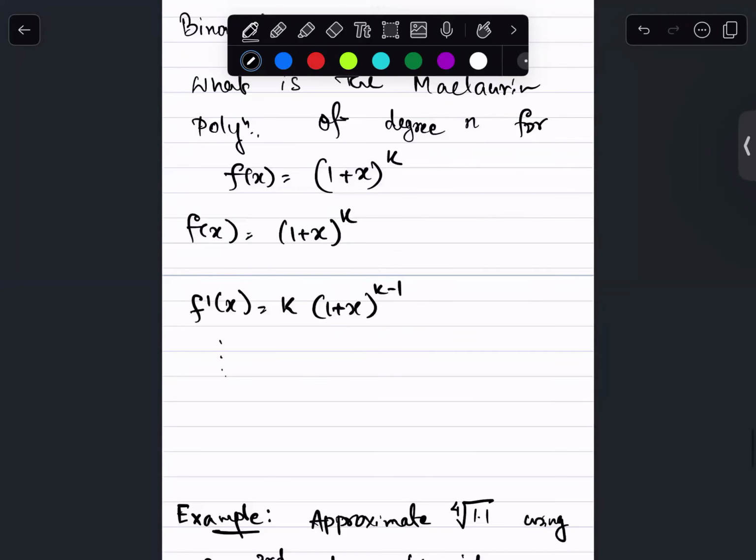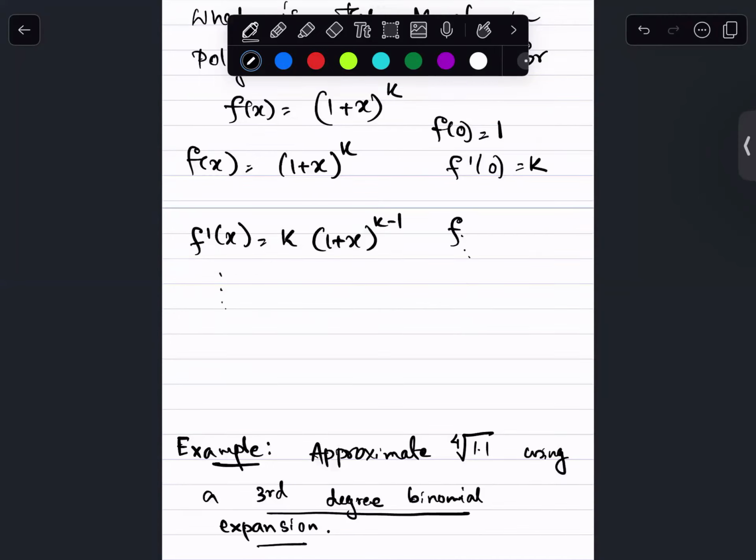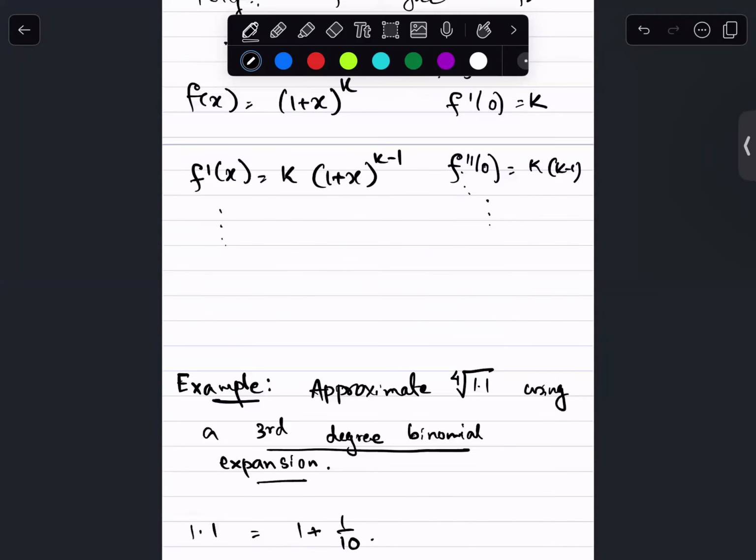And the other derivatives will follow. f of 0 will be 1, f prime of 0 will be k, and all the other derivatives will follow. f double prime will be k times k minus 1, and so on. So if I evaluate T_n of x, the Maclaurin polynomial for the function 1 plus x to the k, I'll get f of 0 plus the formula. You should already try to memorize it.